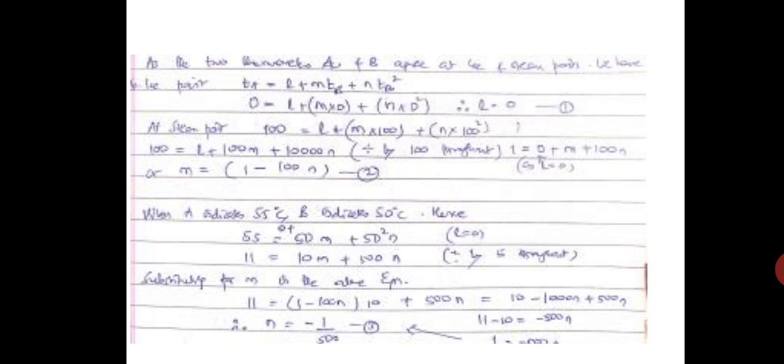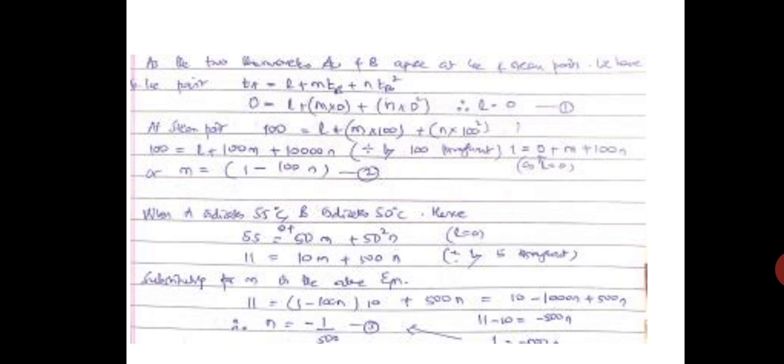Now at steam point, 100 = L + m into 100 + n into 100 square. Again, it is given that at steam point and ice point both thermometers show the same reading. So at ice point A and B both are 0, and at steam point TA and TB are both 100. Substituting, we get 100 = L + 100m + 10,000n.